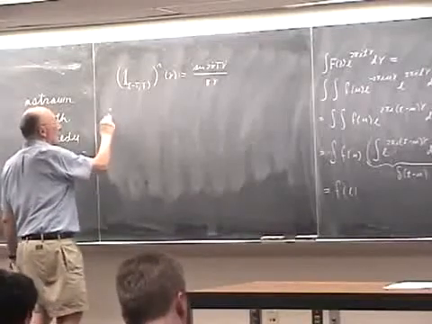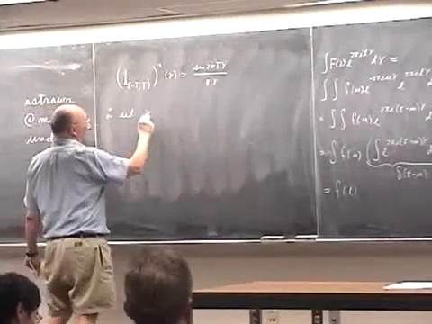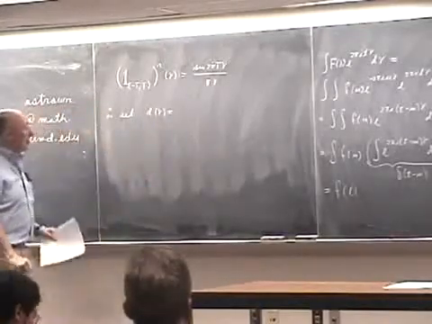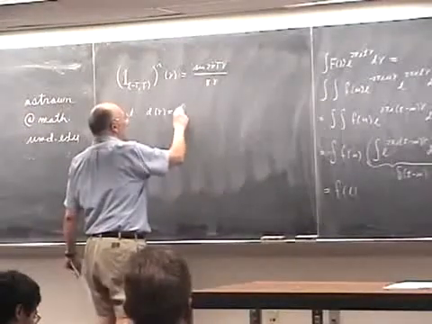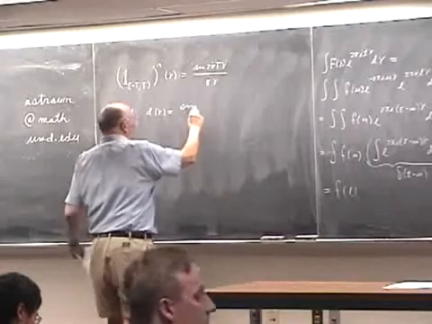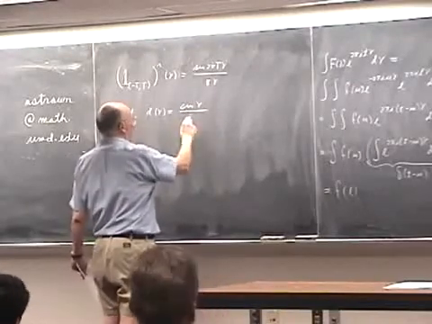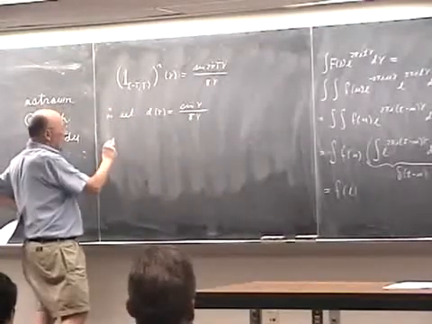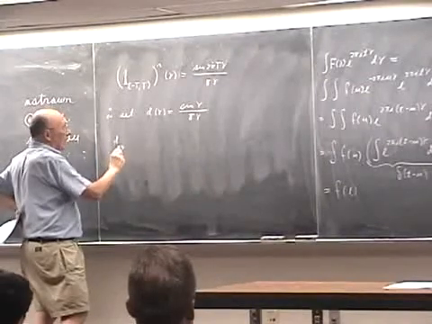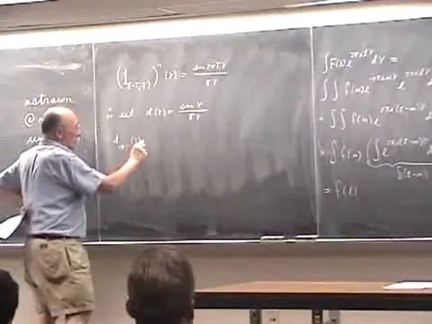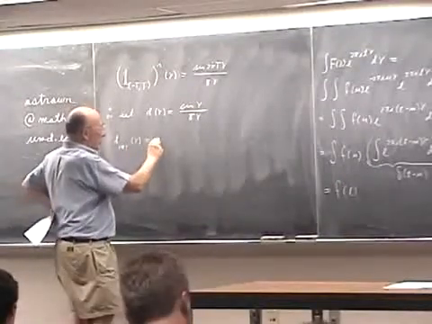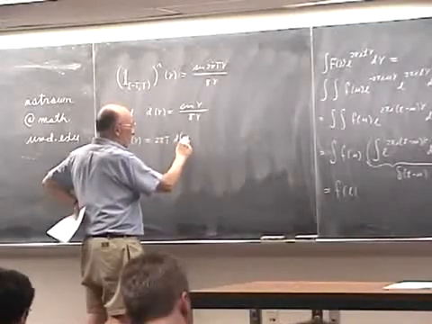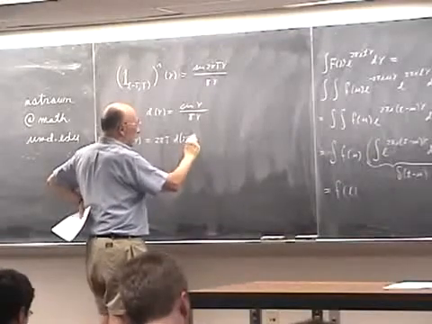So therefore, set D of gamma equal to the following function: sine of gamma over pi gamma. Then what is the dilation D sub 2 pi T of gamma? Well, by our definition, it's 2 pi T times D of 2 pi T gamma.